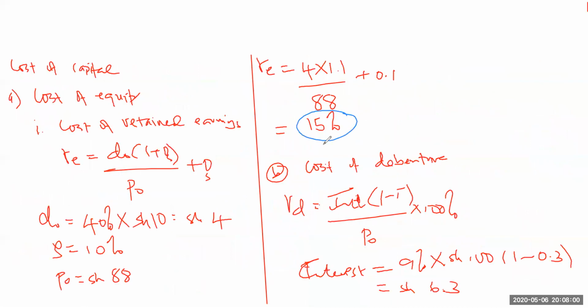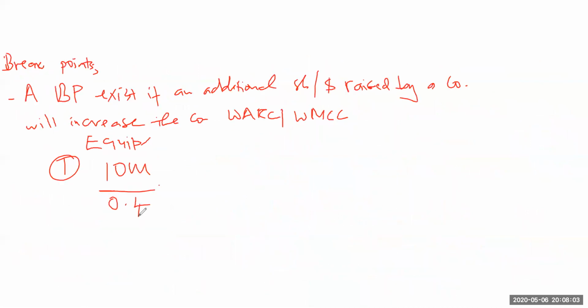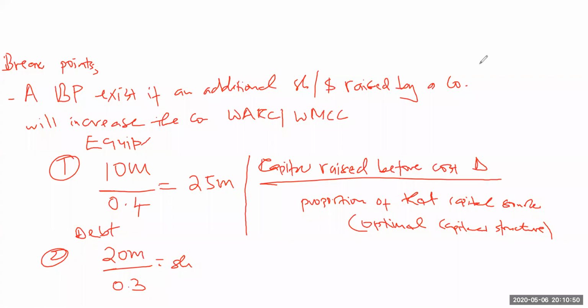So we divide by 0.4 to give us 66.67 more or less, 6.7 million.